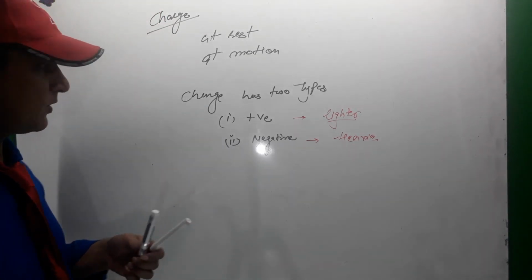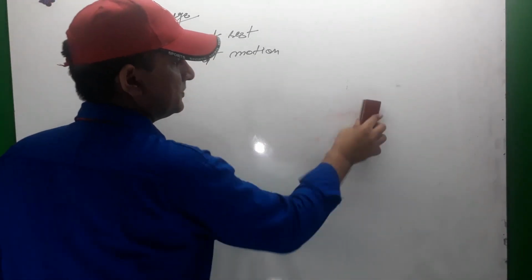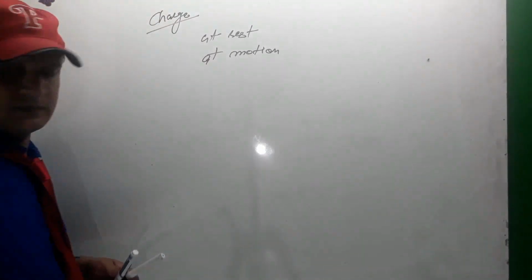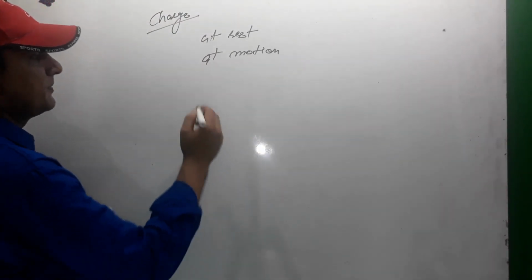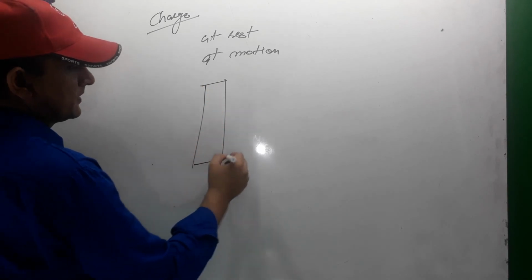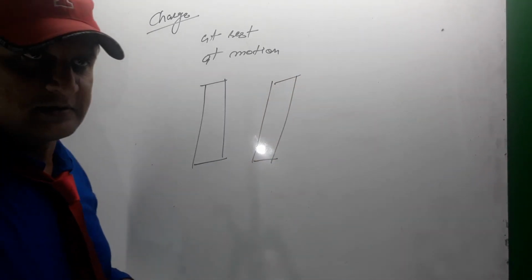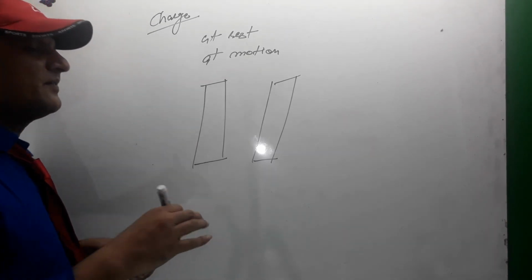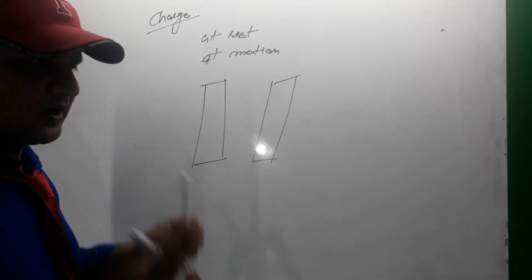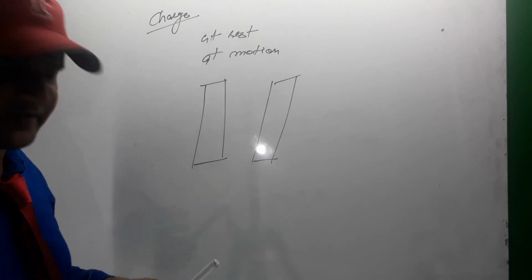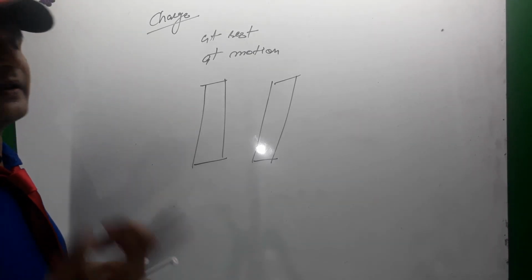So for it I am going to show you two types of bodies. There are two identical bodies. Otherwise they are identical or not, but you have to detect which is heavier and which is lighter.